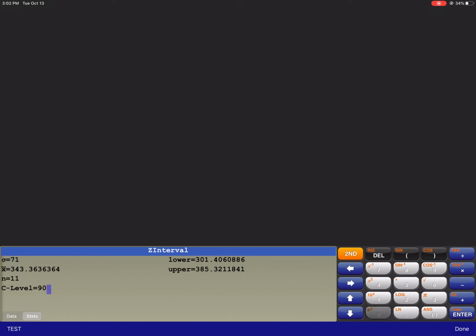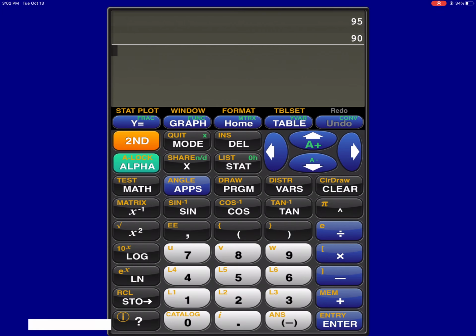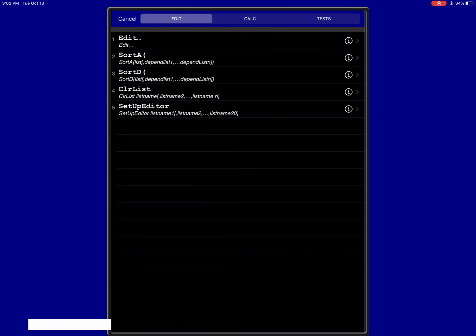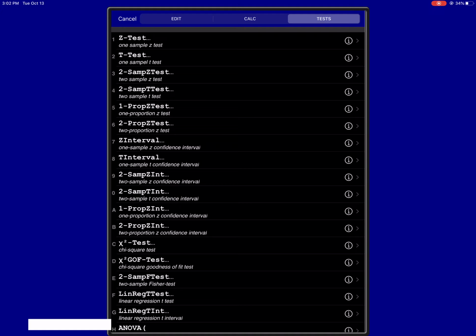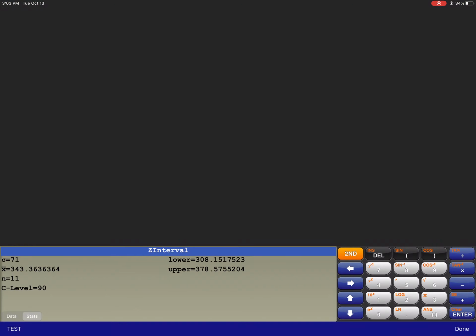For example, if I change this to 90, how does this change the interval? In this case, it's 308 to 378. So in that case, it's actually gotten a little bit smaller, I think, if I remember correctly. So what happens if we go to an 80% confidence interval?